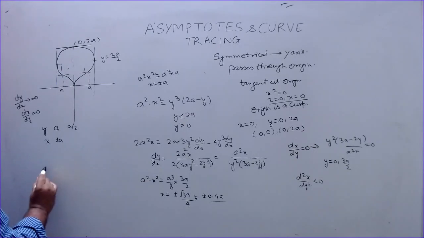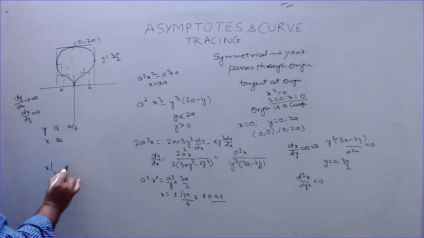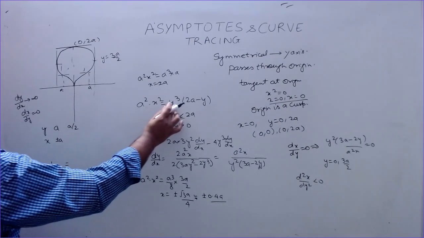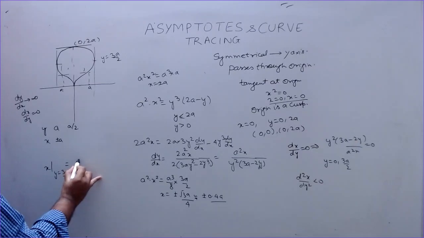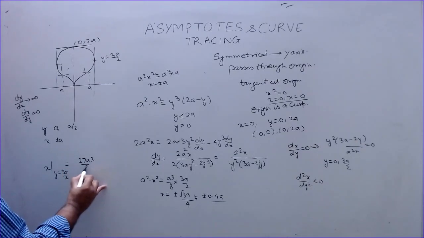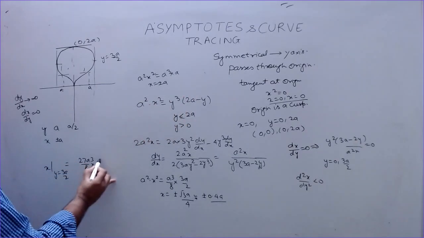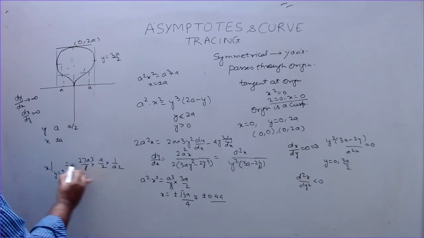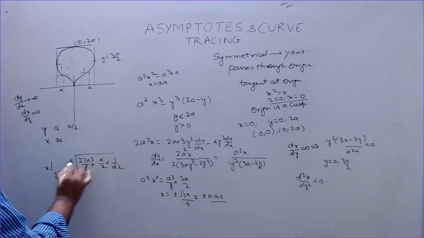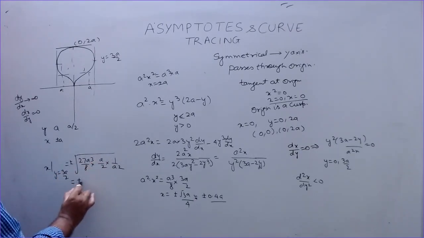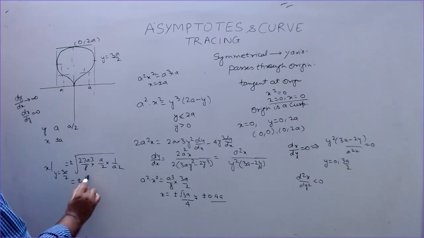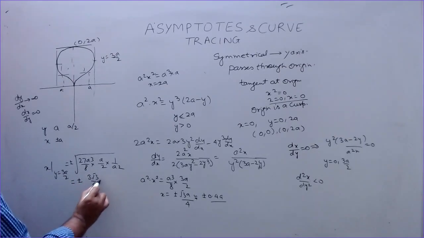And the value of x at y equal to 3a by 2 is given by y cube. You will put 3a by 2 here, 27a cube by 8 into 2 minus 3 by 2 a by 2, divided by a square, and under root of this, plus minus 3 root 3 by 4a.